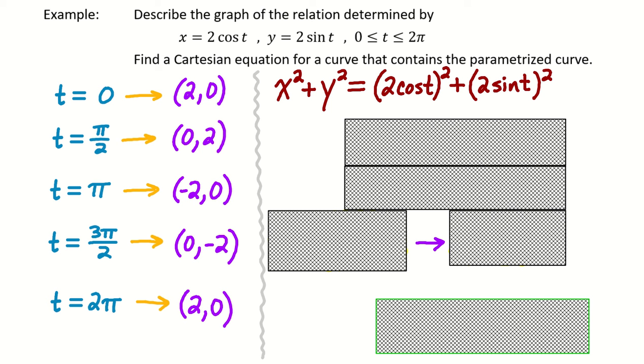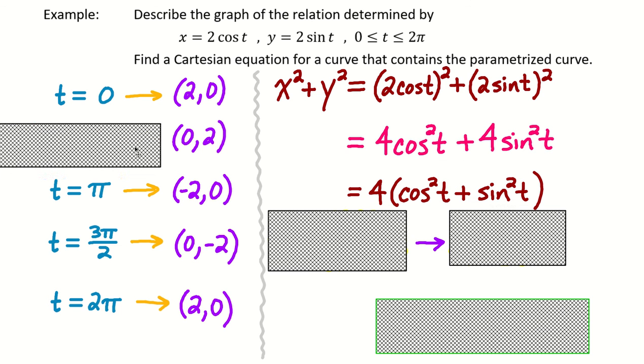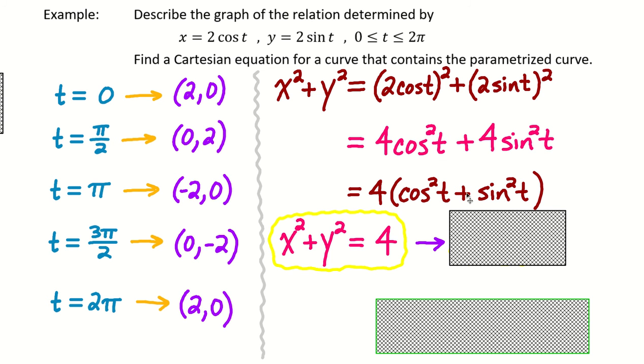Because again, you remember how sine squared plus cosine squared equals 1. So let's see where this takes us. So 4, and then we can factor out a 4. And like I've been saying, sine squared plus cosine squared is just 1. So we get this equation, which is where we reach an impasse. Here's where I've got to call a timeout.